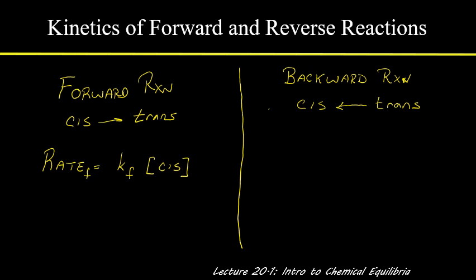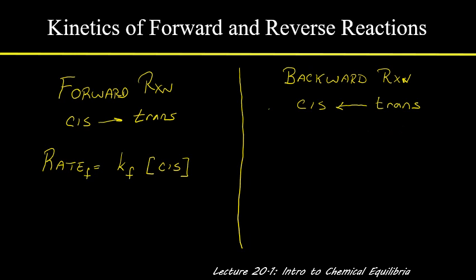I'm going to draw this way in order to highlight the fact that this is a backward reaction, although it's really fundamentally not any different from that, if that's what you wanted to write.